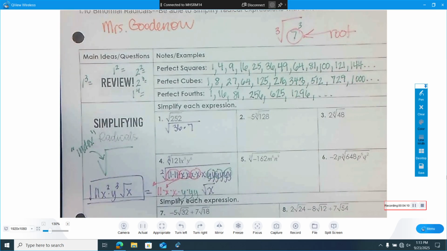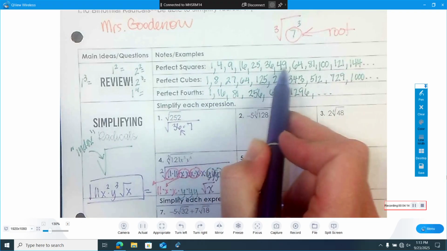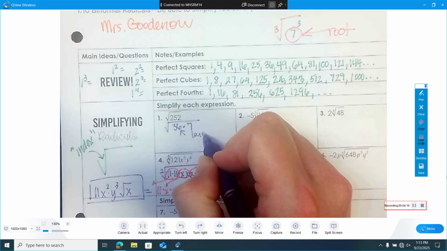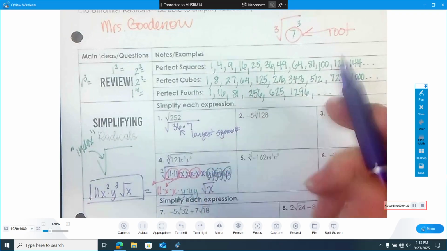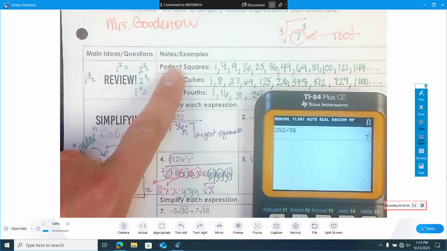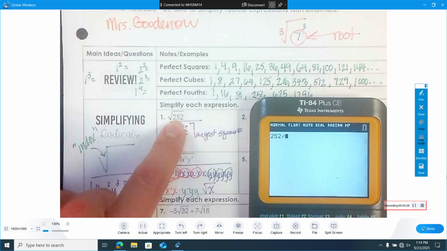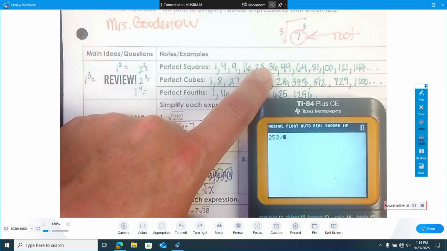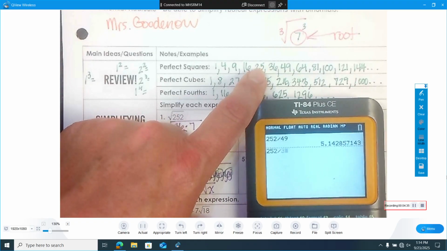What we're trying to find is the largest, in this case, perfect square. The largest square number. So what you could do, because this is a square root, you could say, hey, I'm going to do 252 divided by 36.